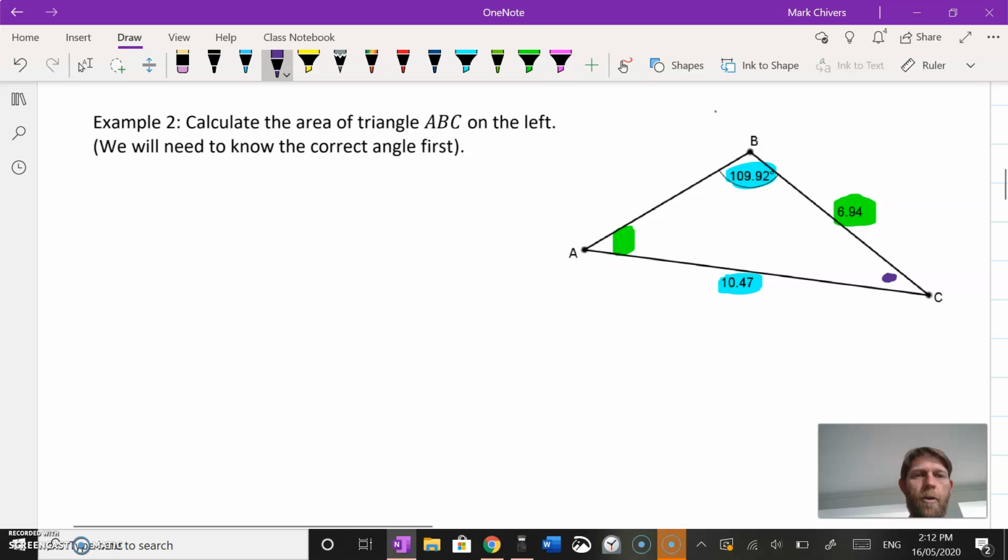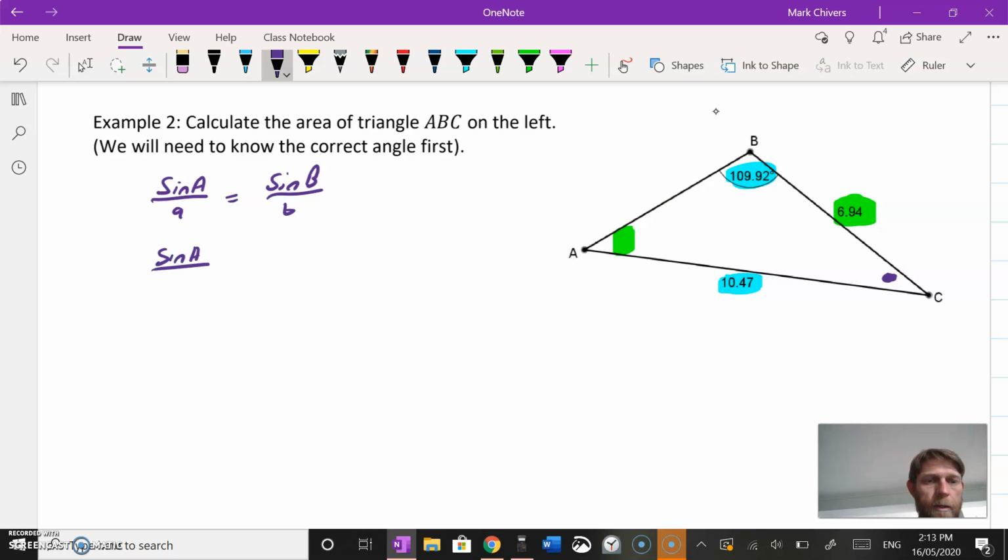The thing that I want to know, I want to put at the top left of my equation. So I want to know an angle, so I'm going to put sine A over a. I'm going to use the formula in this form. If I was looking for a distance, I'd have a on sine A, but I'm looking for an angle, so I want sine A on a. So let's start filling that in. I don't know what a is, so we'll leave that as it is.